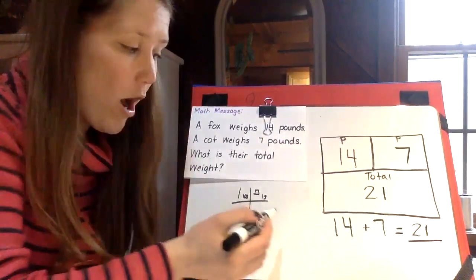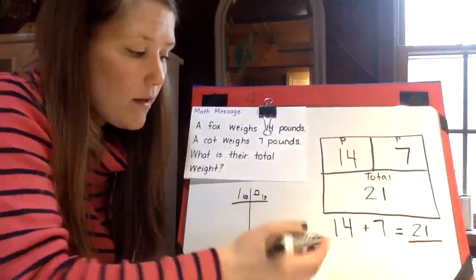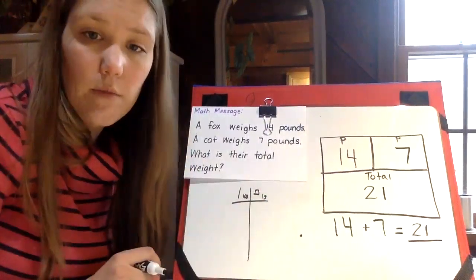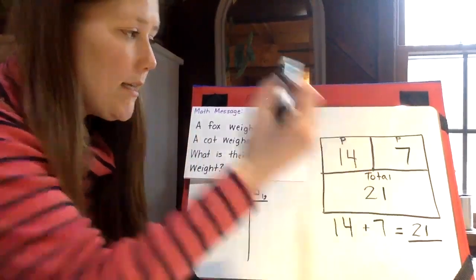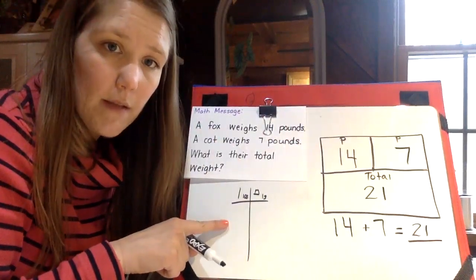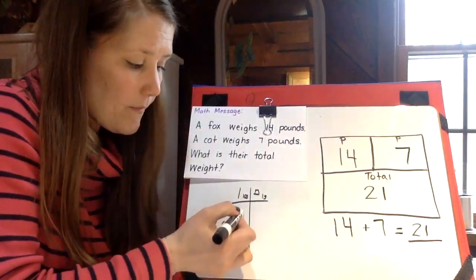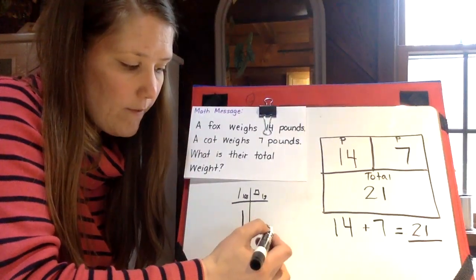So I'm going to draw a line to represent a long, and I'm going to draw a dot to represent a cube. So I had 14, the fox weighs 14 pounds. I'm going to put 14 on my base 10 blocks. 10, 11, 12, 13, 14.